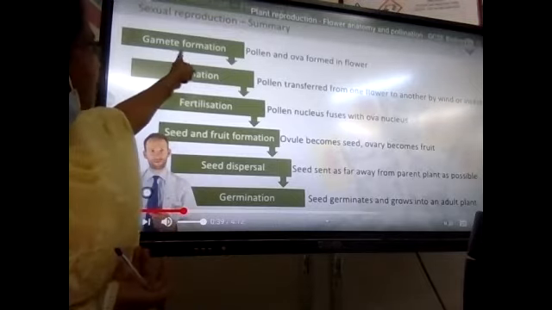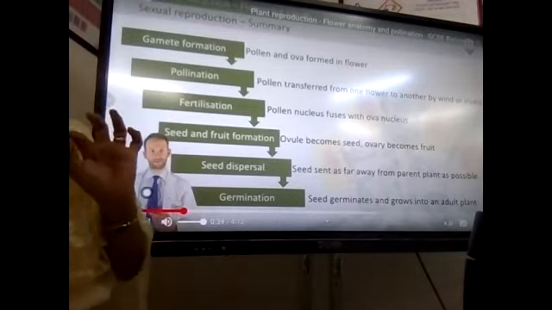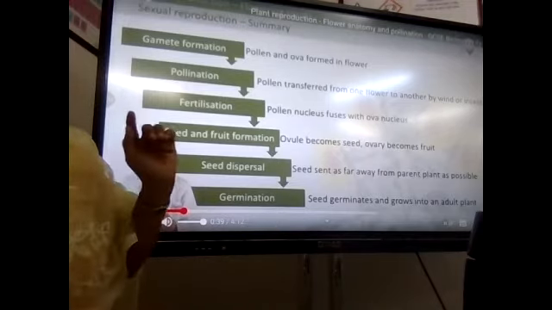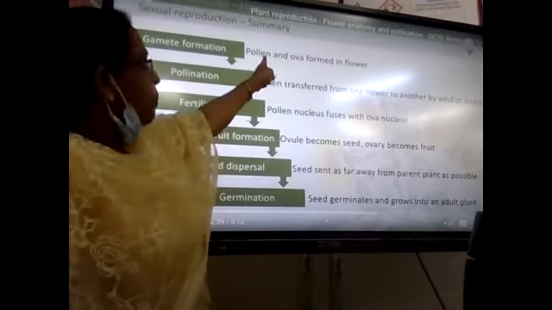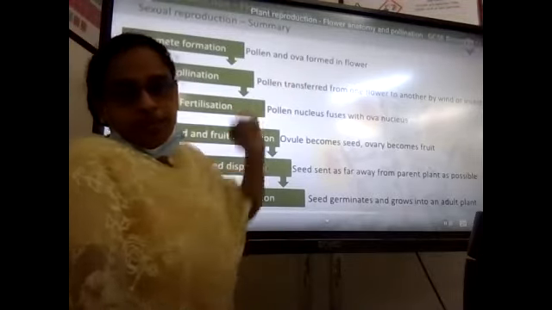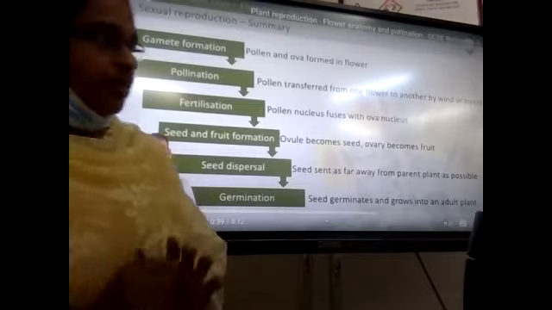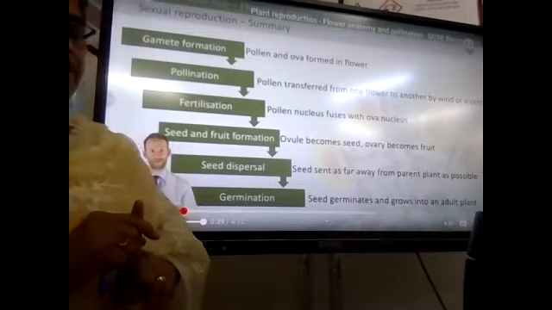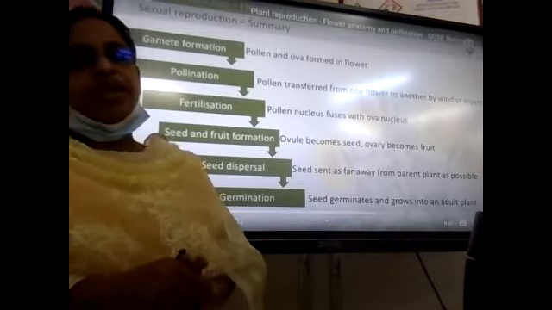So that is the first step, gamete formation. Which are the sex cells in flowering plants? The male sex cell is pollen and the female sex cell is ovum. Is it clear? Yes. So the male sex cell in a flowering plant is pollen and the female sex cell is ovum.